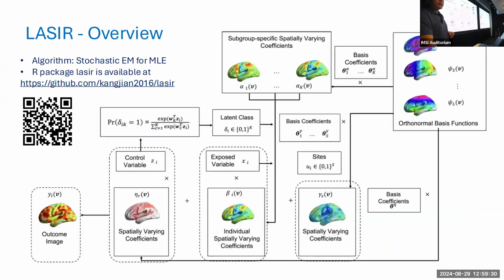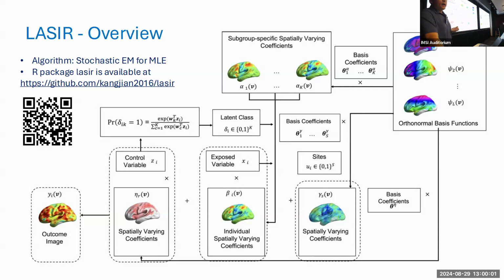The whole idea is that we introduce a subject-specific regression coefficient, and then we assign subjects to groups. Potentially, those subject-specific regression coefficients may take a finite number of distinct values, so you can do clustering of the regression coefficients. It's an extension of the finite mixture model in the regression setting, but our outcome of the regression is an image.